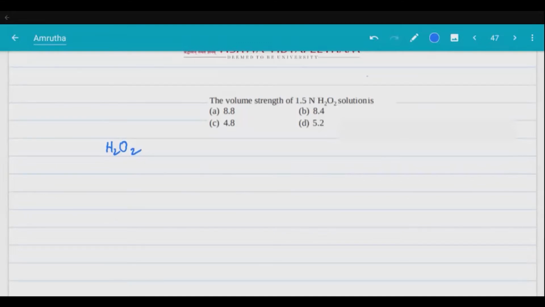It dissociates into water and oxygen very easily. Even a glass surface can catalyze this reaction, even dust can. It is that sensitive and easily undergoes decomposition.